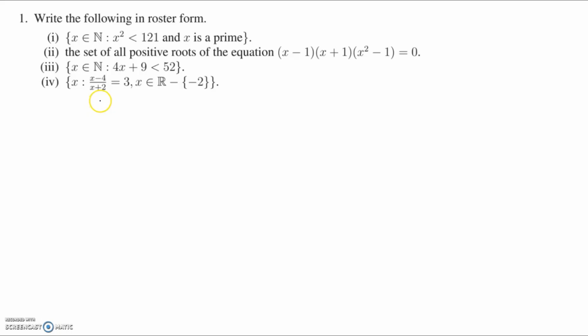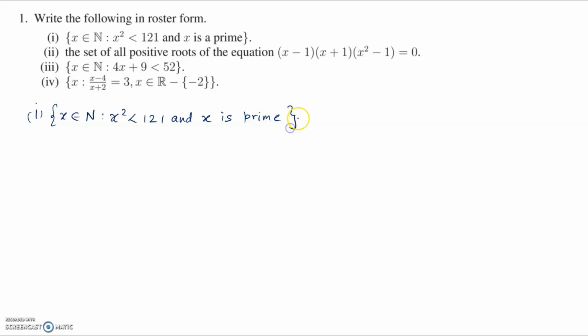In this video, we will solve problems from exercise 1.1. Question number 1. Write the following in roster form. So let's take the first one, which is x belongs to N. So when you say N is natural numbers, which are 1, 2, 3, and so on up to infinity, x squared, such that x squared is less than 121 and x is prime.